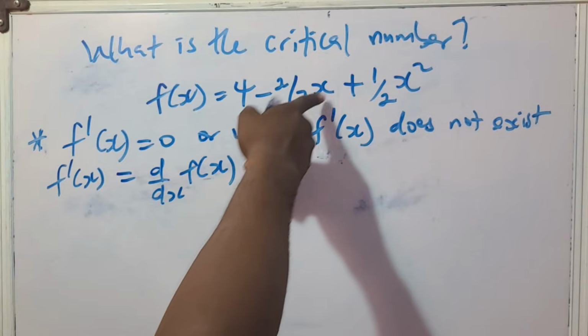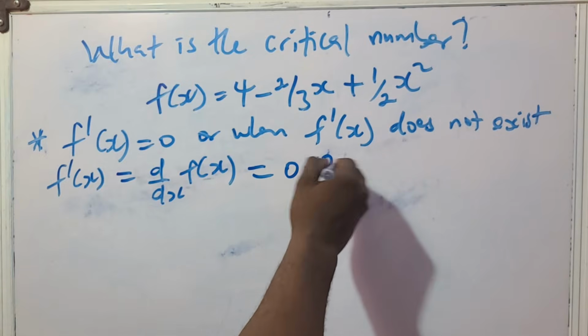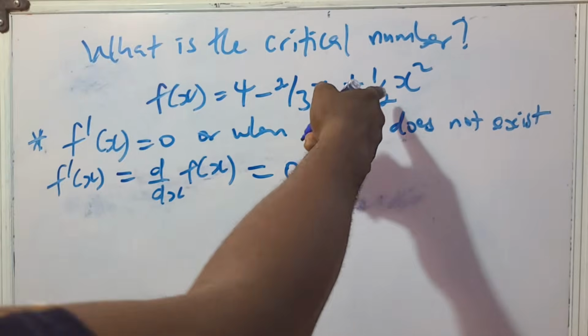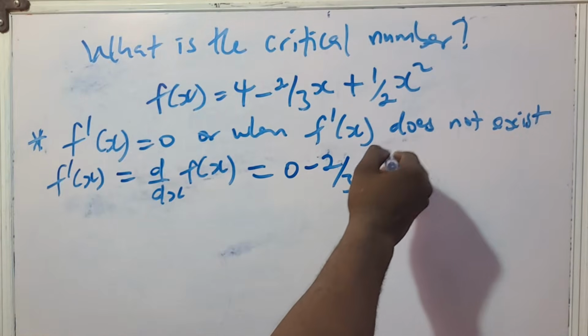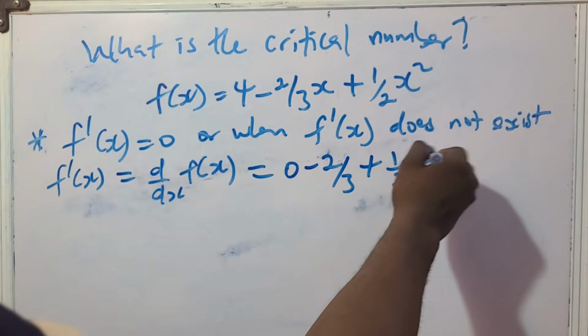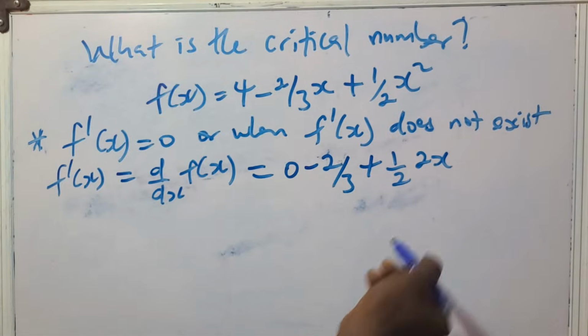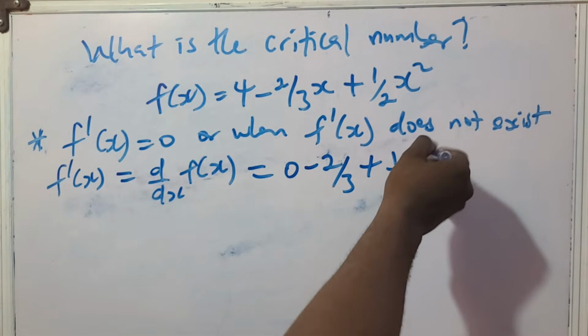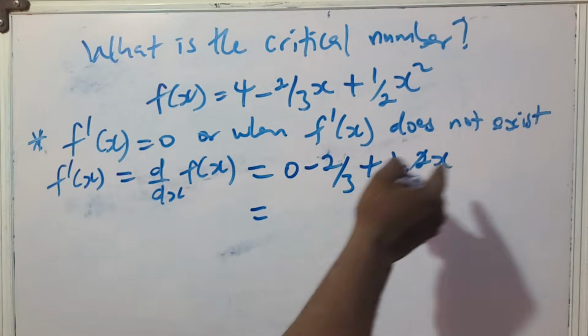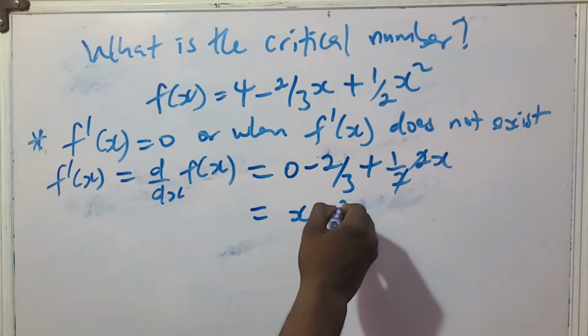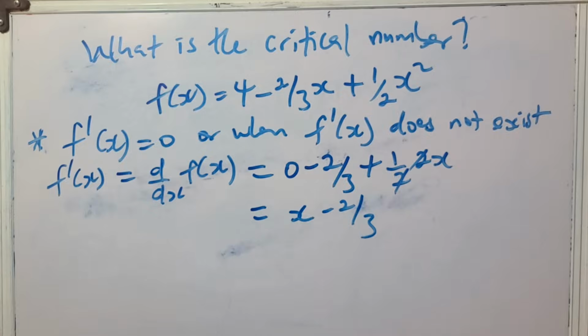Differentiating -2/3 x, you get -2/3. Differentiating the x squared term, this will turn to +1/2, and this will be 2x. Then this 2 will cancel this, so we'll be left with x - 2/3 as our derivative of the function.